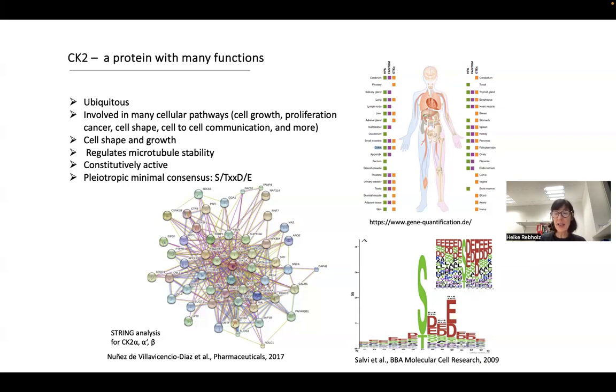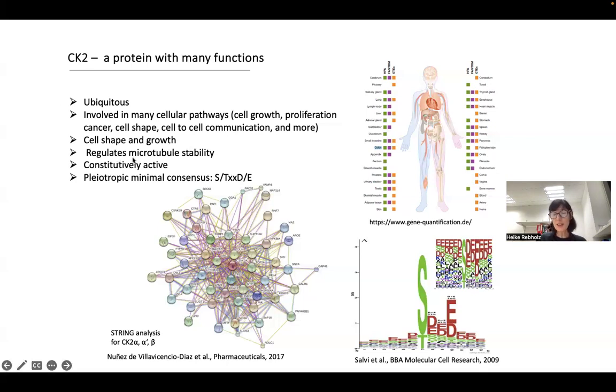So CK2 is highly conserved, which is always an indication that it's an important protein, an important kinase. So we know it's expressed in every cell, we know it's expressed in many organisms, and we know it has roles in many functions that a cell has to assume. It's important for cell growth, proliferation. It has roles in cancer, in creating cell shape and movement, in cell-to-cell communication, and many more.